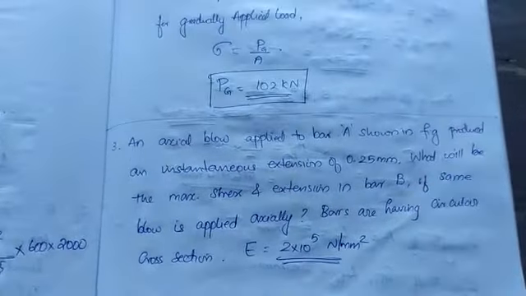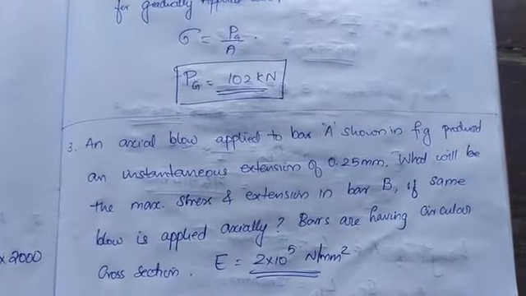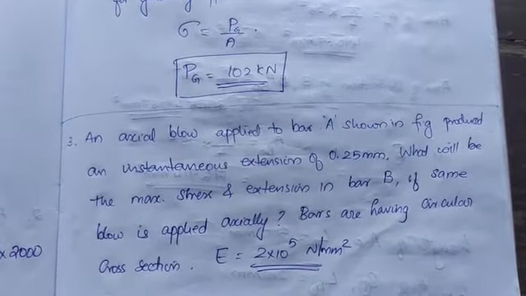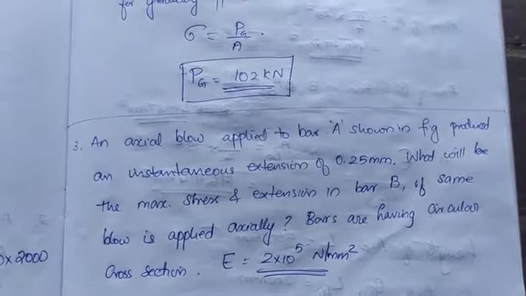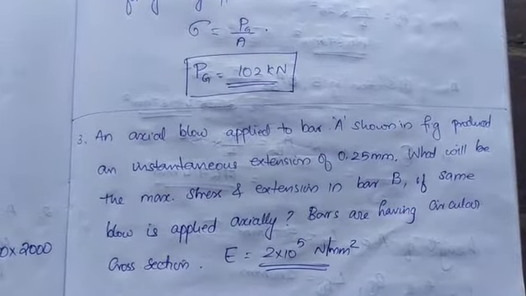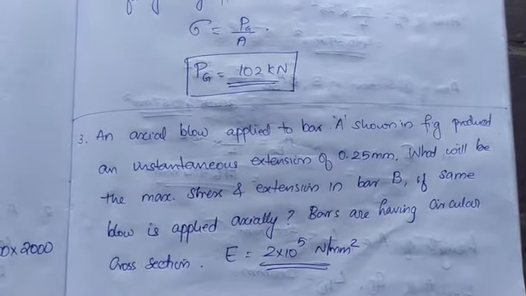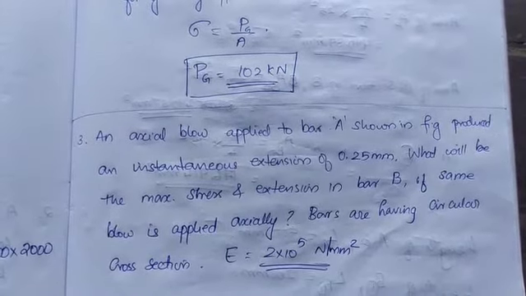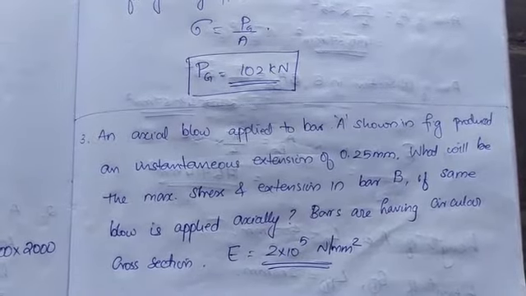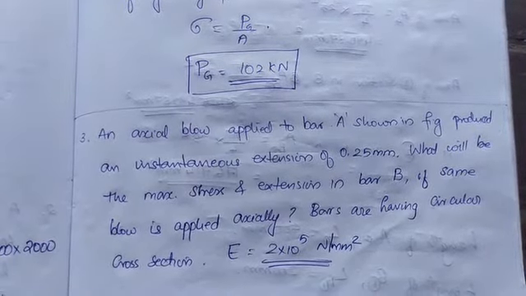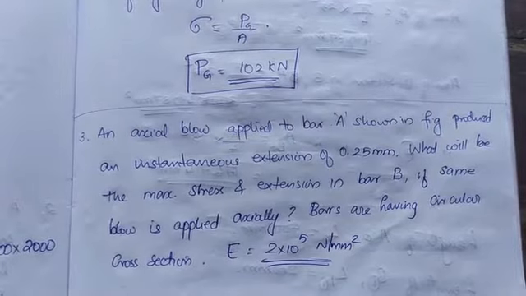Now next question: an axial blow applied to a bar, the diagram is given. Axial blow means it's a suddenly applied load. As shown in figure, it produced an instantaneous extension dL of 0.25 mm. What will be the maximum stress and extension in bar B if the same blow is applied axially?